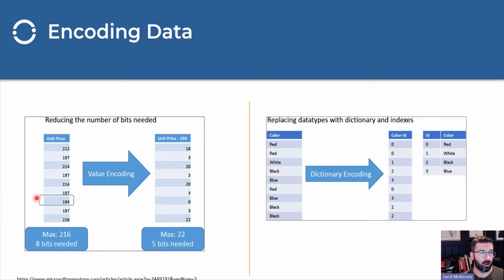You can see that 194 gets translated into this 0 amount over here, and then the largest value of 216 was translated into this 22 number. So a range of 22 is significantly less than 216, which means we can compress this into 5 bits ultimately.